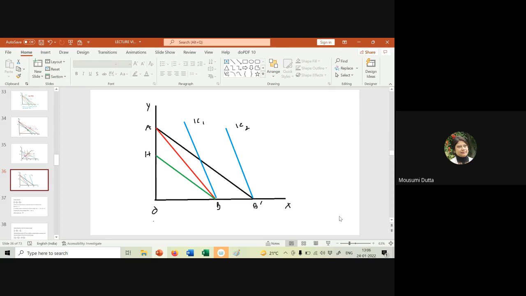The indifference curves are negatively sloped straight lines as given by IC1 and IC2.